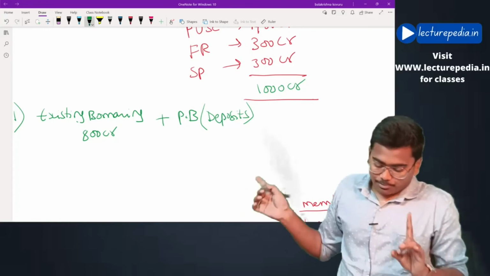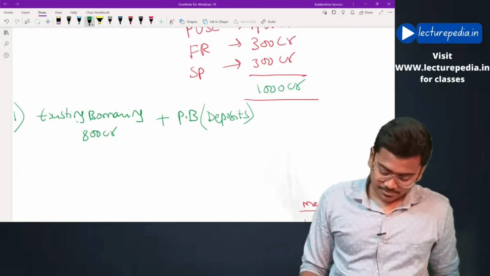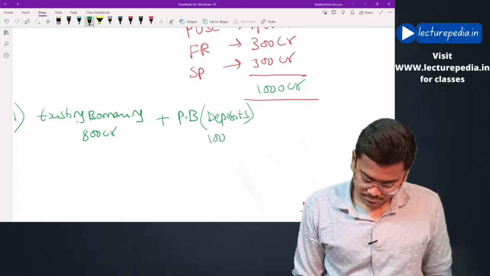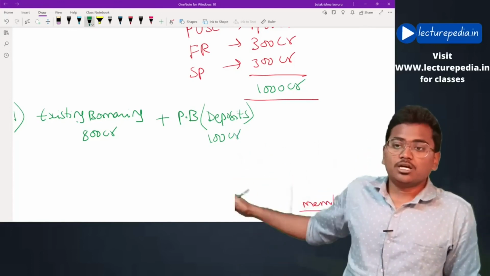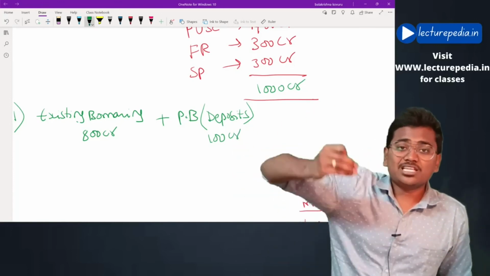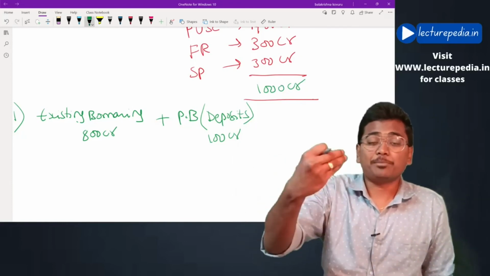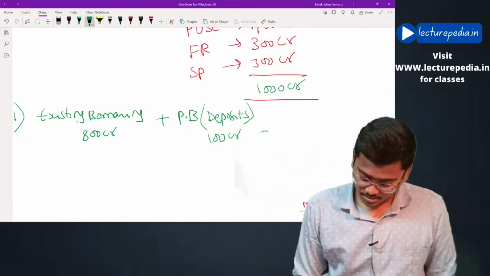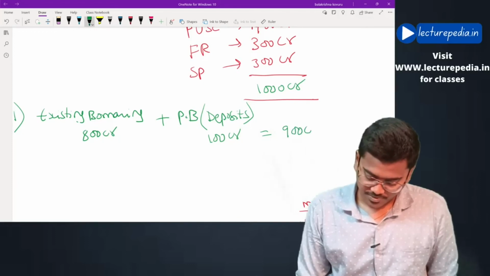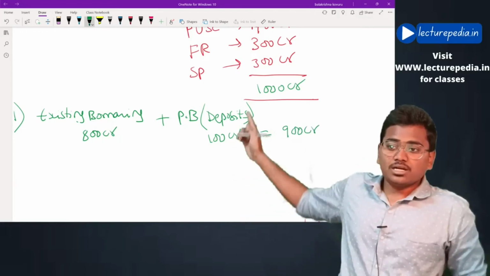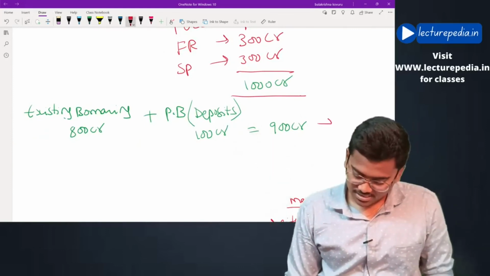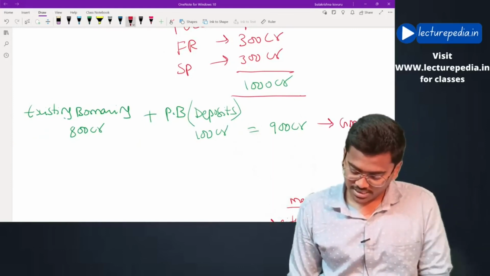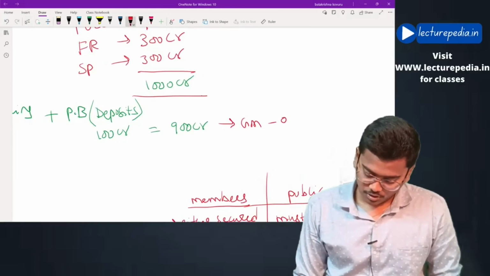Now the proposed borrowings are, let's say, 100 crores. Now this total existing borrowings 800 crores plus proposed borrowings in the form of deposits from the public is 900 crores. This 900 crores is less than the 1000 crores. Thereby company requires general meeting ordinary resolution.